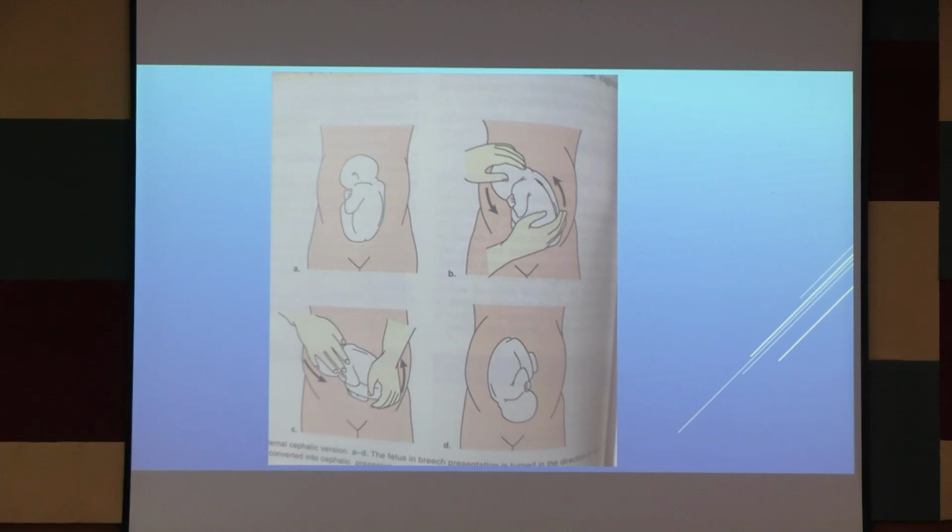After doing external cephalic version, again you will examine the fetus by ultrasound and CTG. For 2 to 3 minutes there may be bradycardia also, but that will be corrected later on. If there is successful external cephalic version, vaginal delivery with cephalic presentation, morbidity and mortality is less, so we can do external cephalic version. Antenatal period time is 36 weeks of pregnancy.